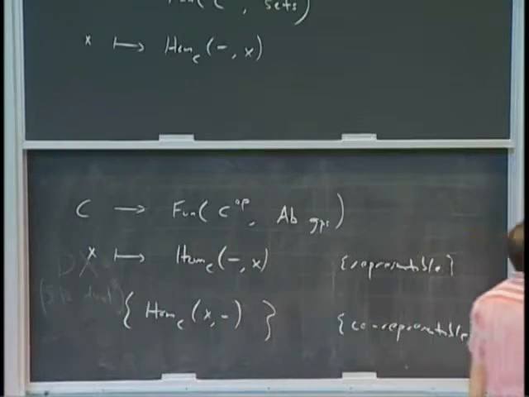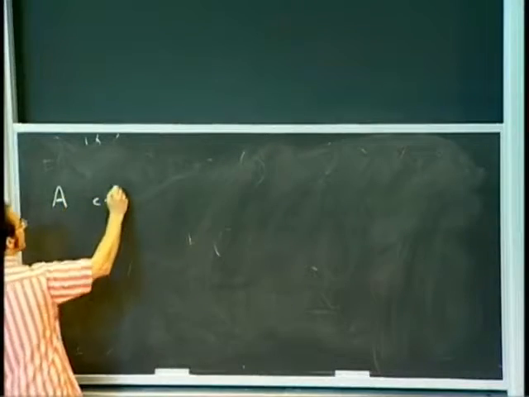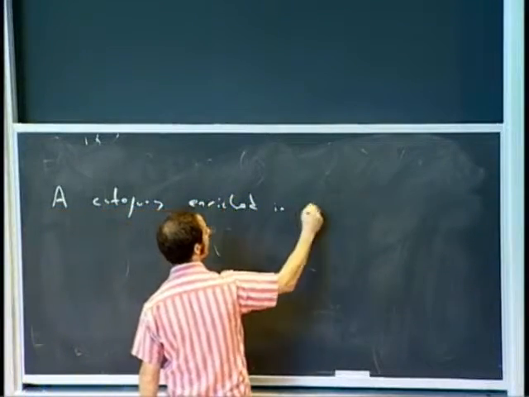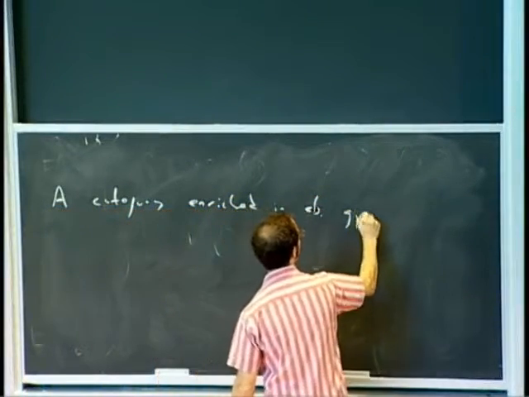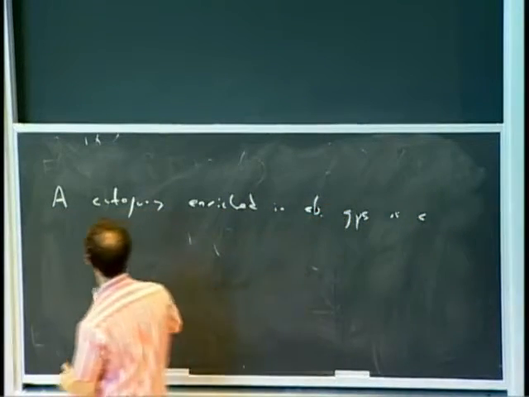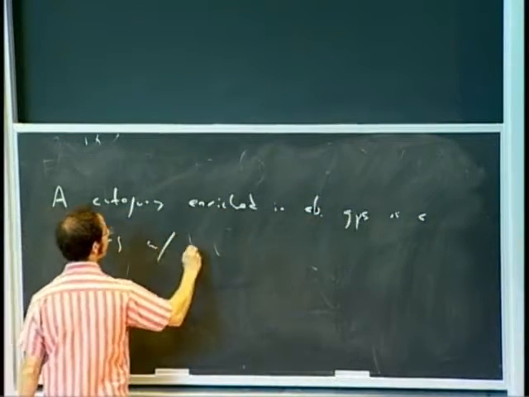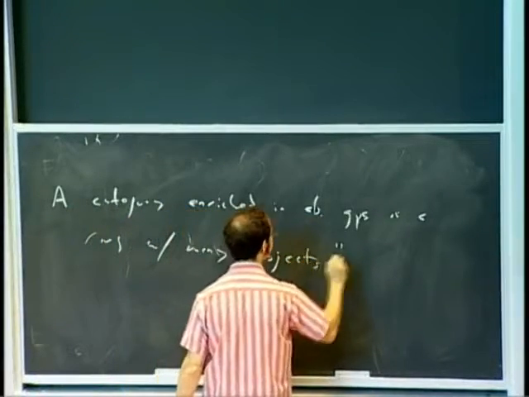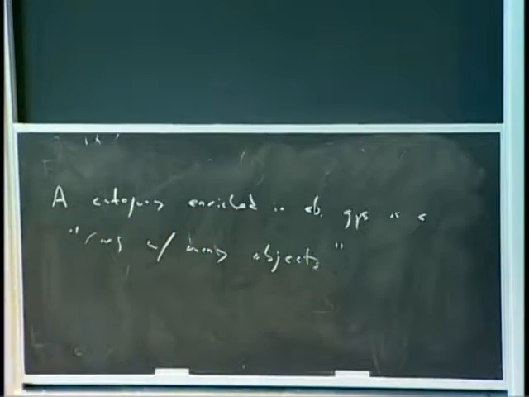Okay? So a category enriched in abelian groups is a ring with many objects. And I think this terminology, well, I learned this from a paper of Mitchell.